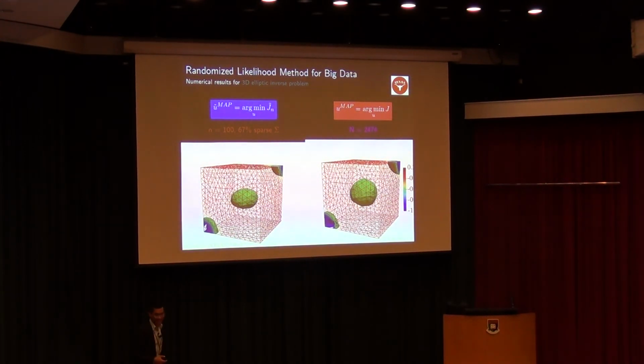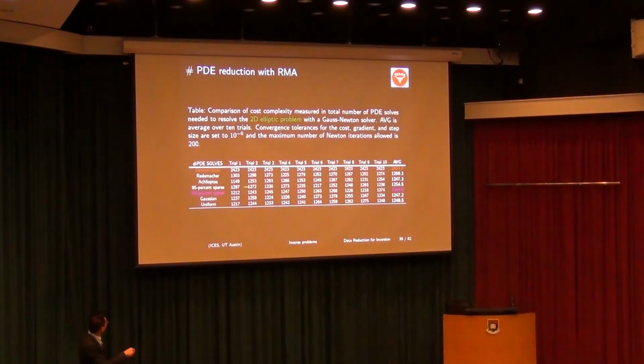Again, all the magnitudes are smaller, yet we can get good solutions. We also show that even with 99% sparsity, we gain in PDE solves. What we show you is that not only do we reduce the dimension of the data, we also gain in PDE solves. If you don't do anything, you need 2,423 PDE solves. But what we get is actually even less.